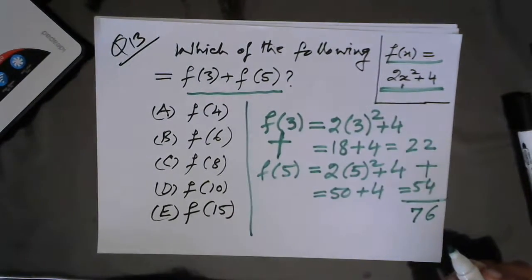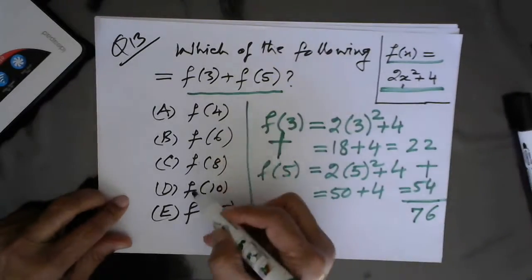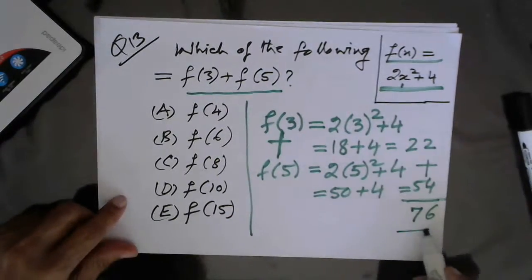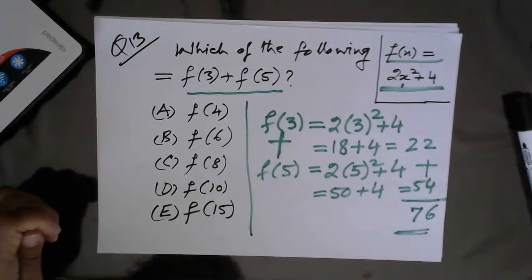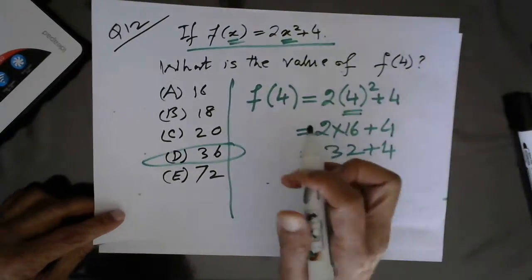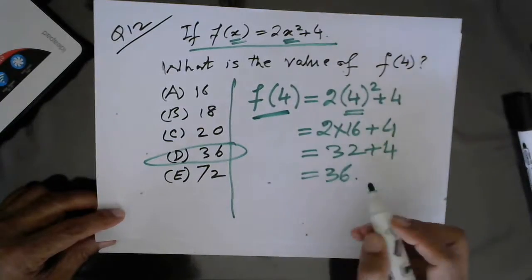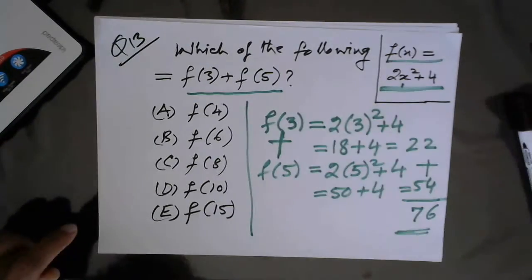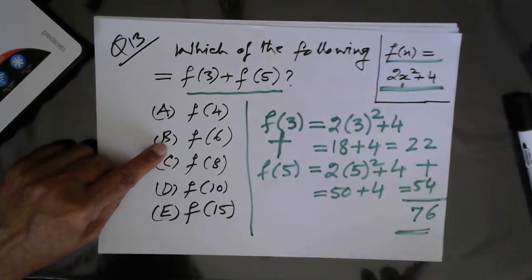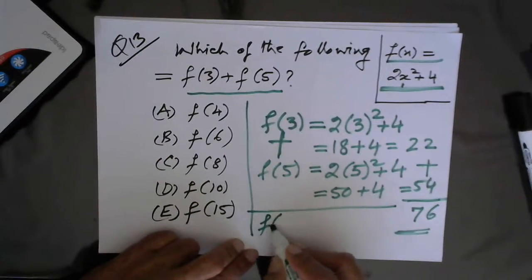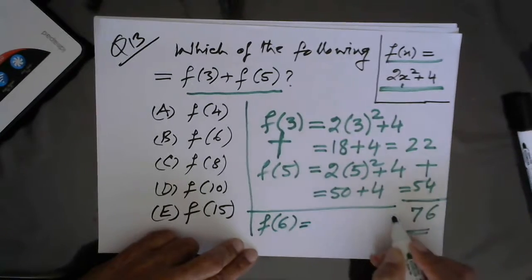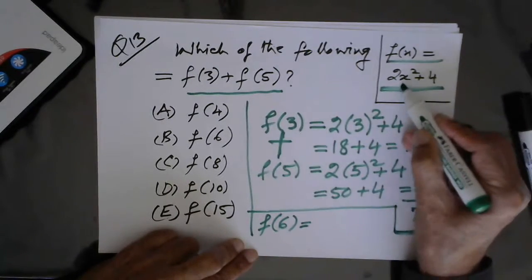Now, we have to find which one of these is 76. If you remember, in question number 12, we found f of 4, and that was 36. So this is not f of 4. Let us try f of 6. Okay, f of 6 would be, replace x by 6.